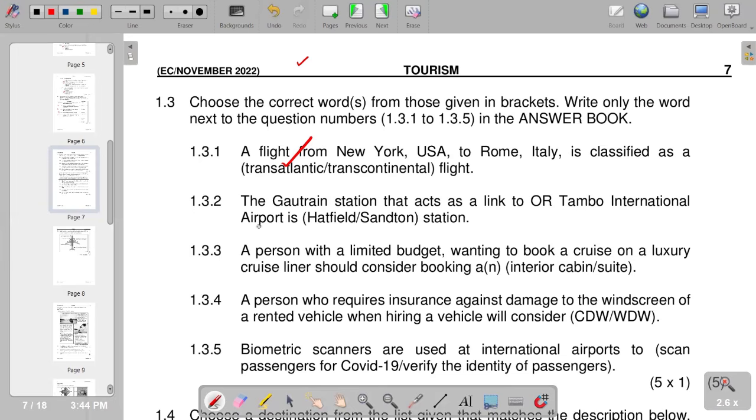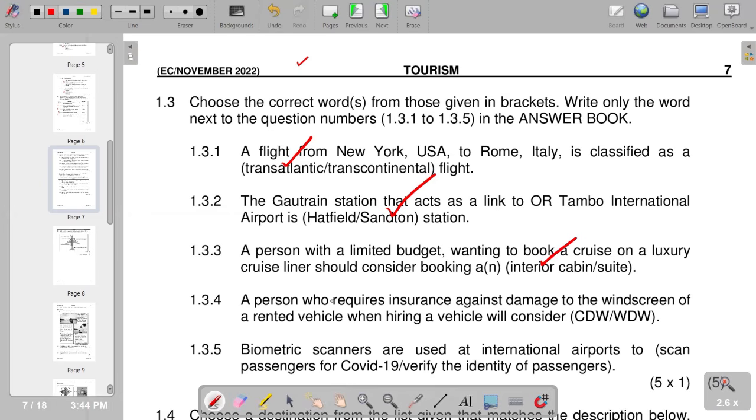And then 1.3.2, a Gautrain station that acts as a link to OR Tambo International Airport is, of course, Central station. A person with a limited budget wanting to book a cruise on a luxury cruise liner should consider booking a dash. So should consider hiring an interior cabin, which we have on this part.